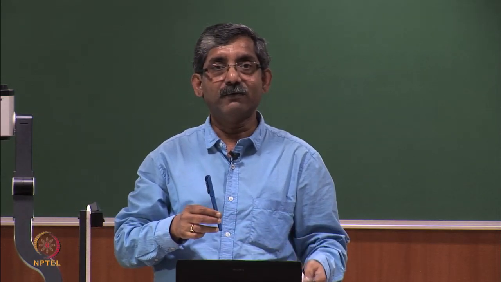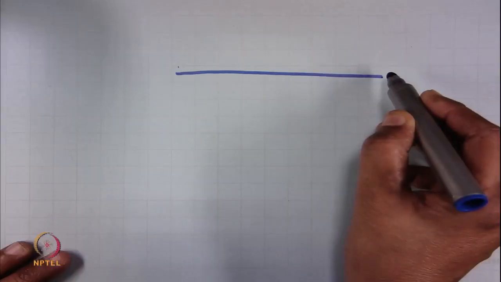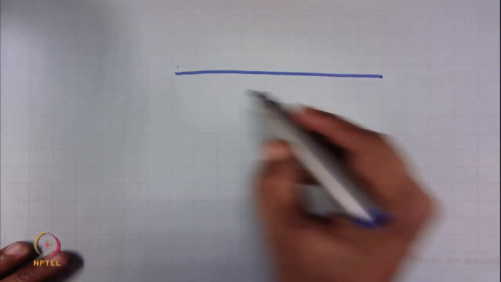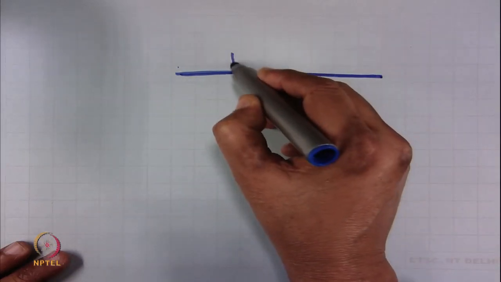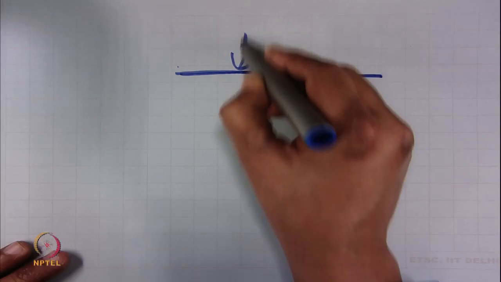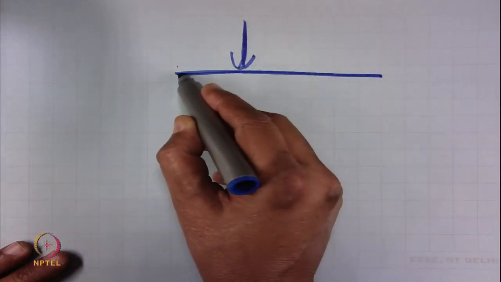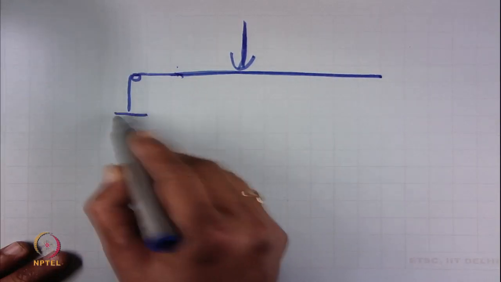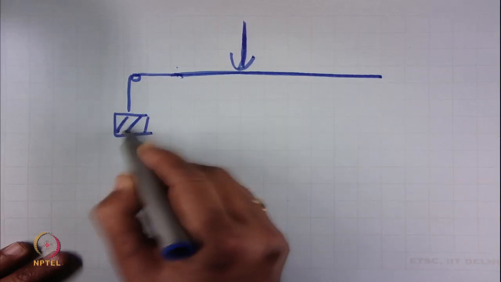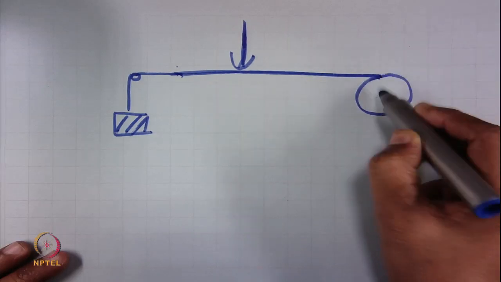The dead weight is hanging on one side, and the other side is connected with the drum.